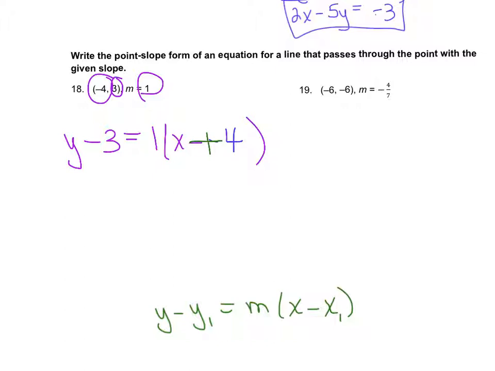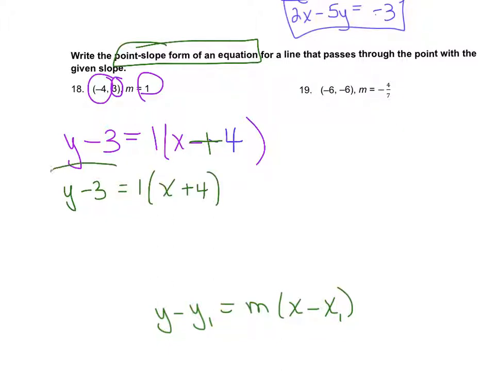They want it in point slope form. So that's all you do. You do not distribute. You do not put it in standard form. You leave it like this. And the reason we would leave it like this is because that way you can extrapolate m, x1, and y1.